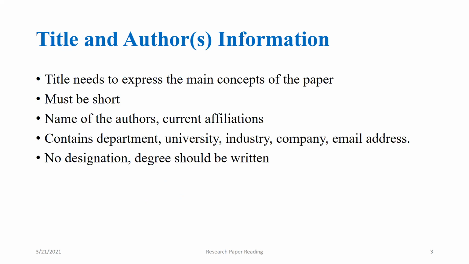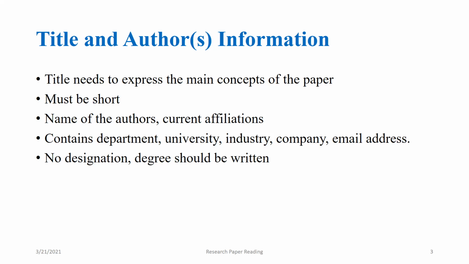At first, the first thing we will see in a research paper is a title, and just following the title, the author's information is listed. The title needs to express the main concept of the paper.